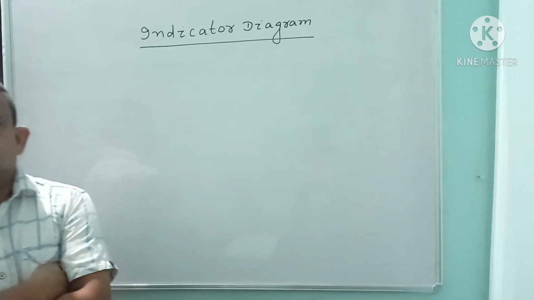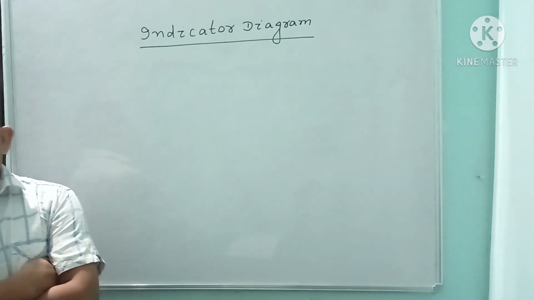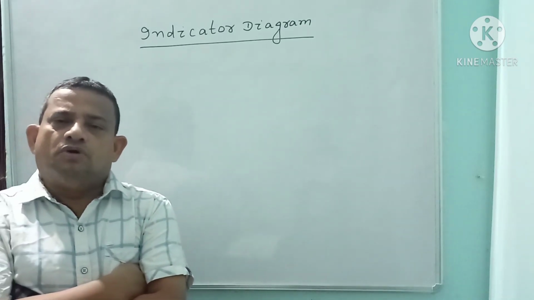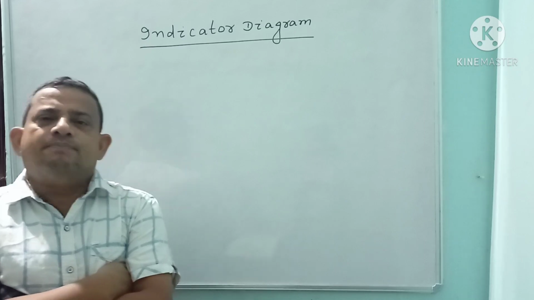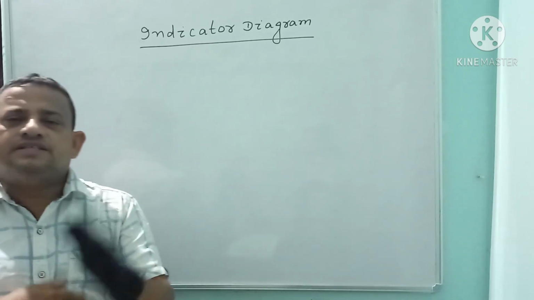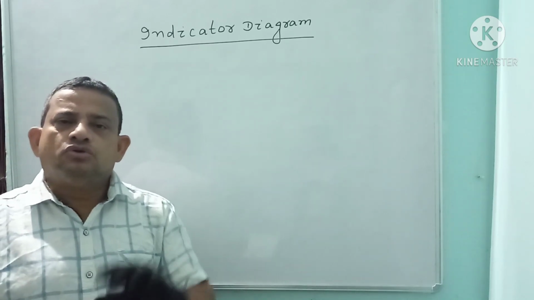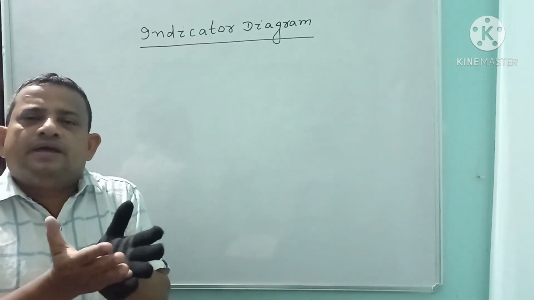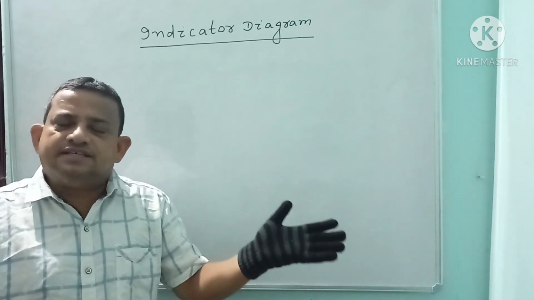Thermodynamic variables like pressure, volume, temperature are there, which are used to describe the state of a thermodynamic system.